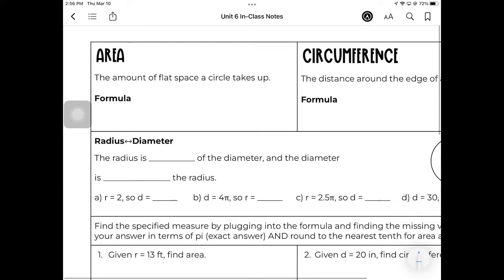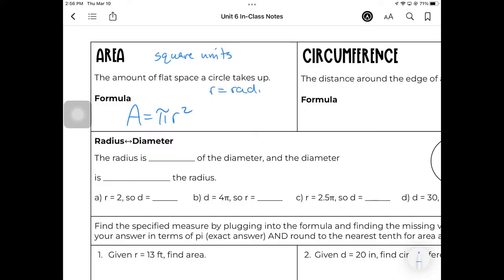When we talk about the area of a circle, there's all kinds of different area formulas for different shapes, but for circles, the area formula is A equals pi r squared. And that will give us the amount of flat space taken up by a circle, and that is in square units. And this r here means the radius of the circle.